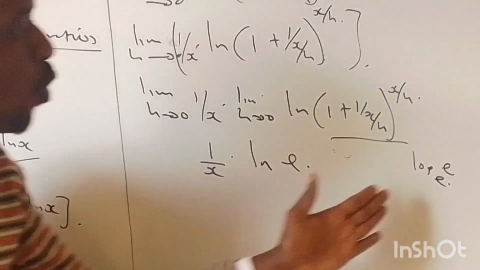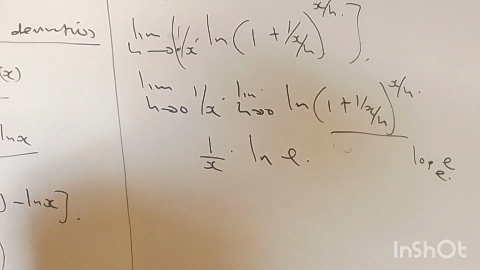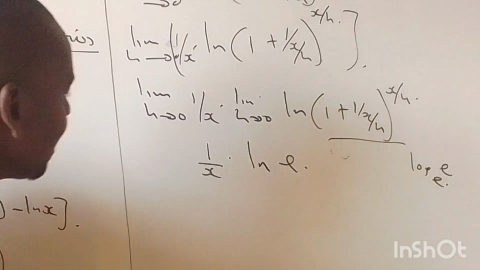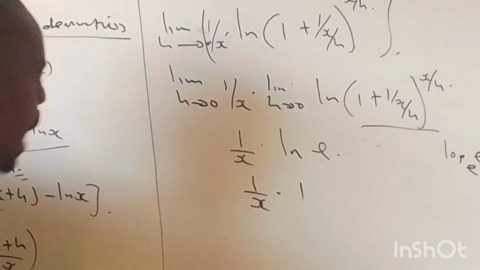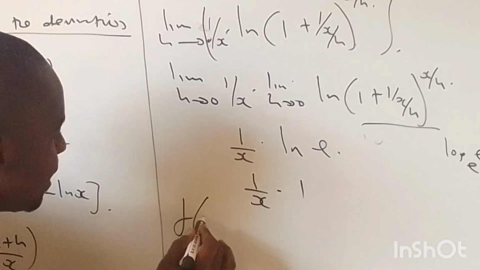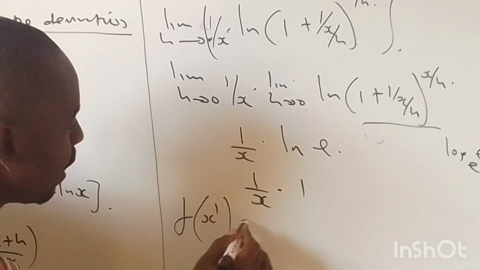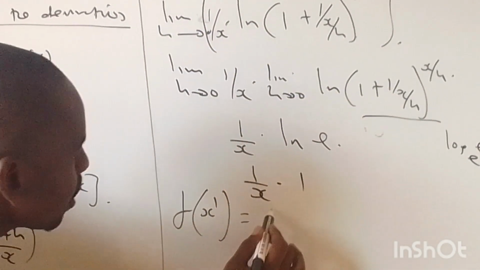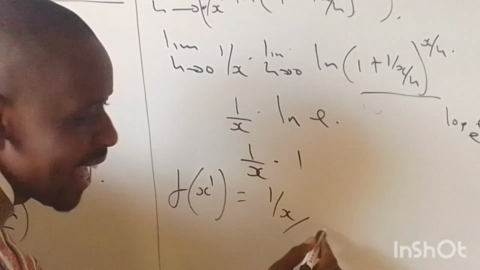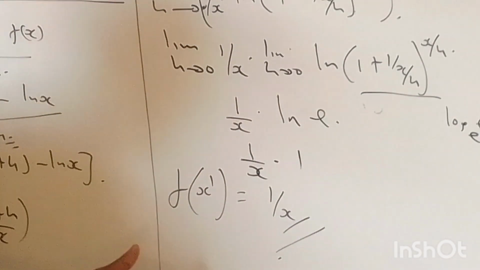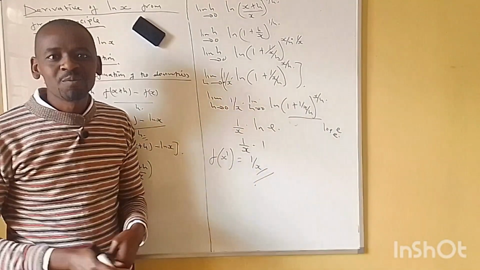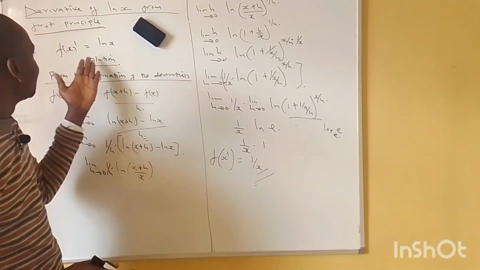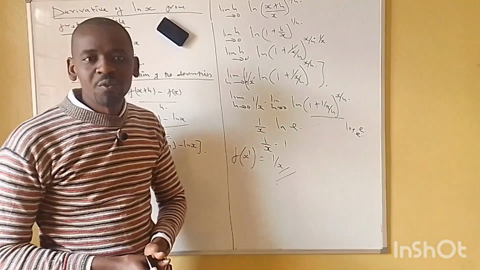So what is a log of a number to the same number? It is 1. So that means 1 over x multiplied by 1. And we have the derivative of the ln of x is 1 over x. As beautiful as such. So you guys, 1 over x is the derivative of the ln of x.